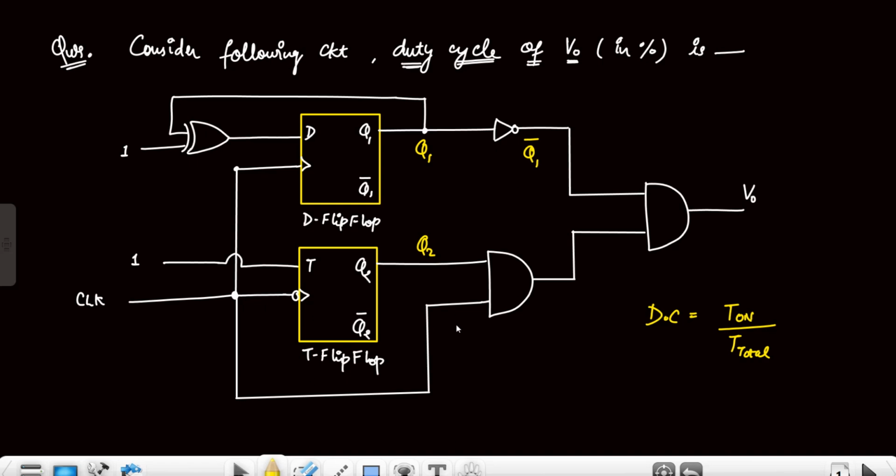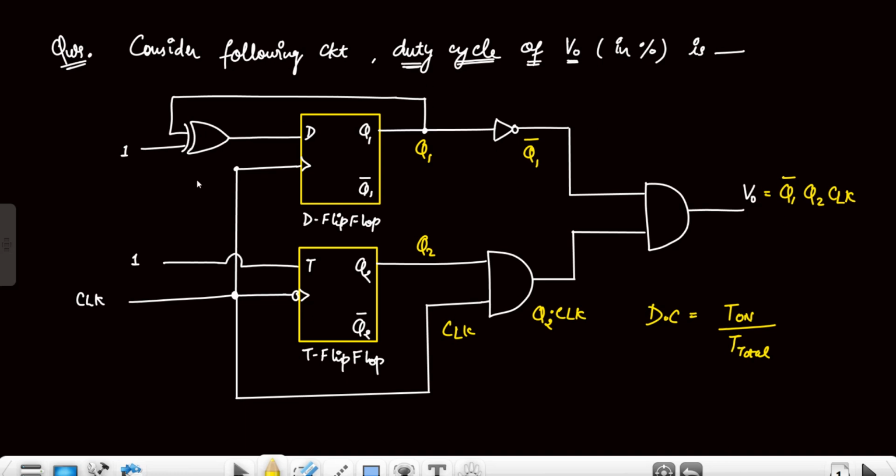The clock is connected here, so after this AND gate it is Q2 into clock, and V naught will finally be the multiplication of Q1 bar, Q2 and clock. Now we have to draw the clock diagram for evaluating for how much time V naught is logic one, and the total time period of the V naught waveform.